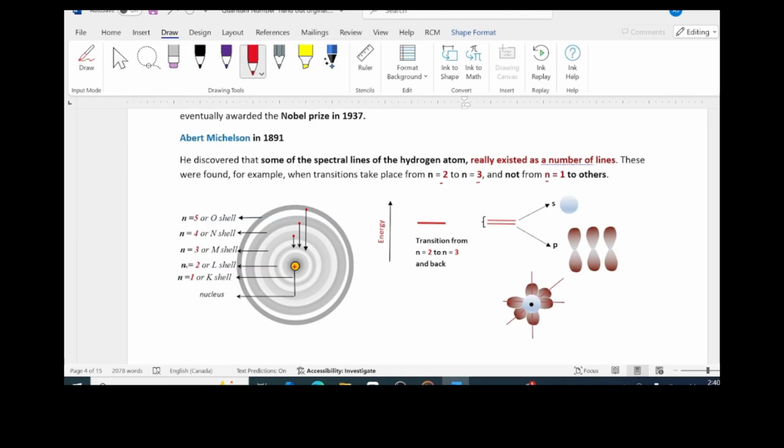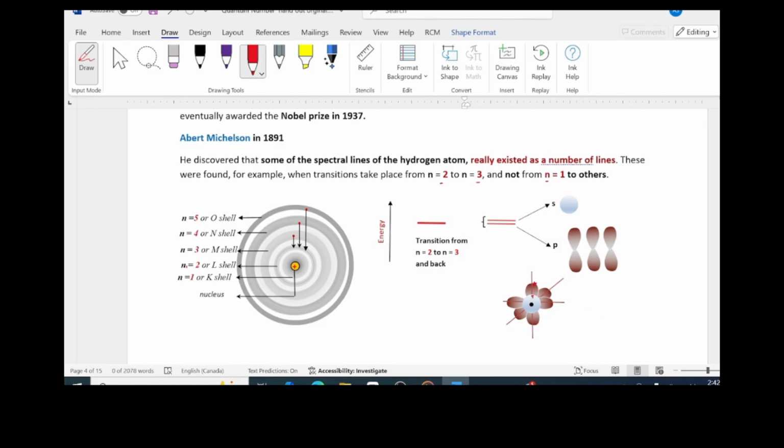Later on, we'll find out that these two lines really are due to electrons being found in two types of orbitals. One is called the s orbital, that is spherical in nature, and you have these dumbbell-shaped p orbitals. And because of the difference in their shapes, obviously electrons are going to have different energy. For example, an electron in this s orbital here, because it's closest to the nucleus, will have less energy than an electron in this p orbital here.